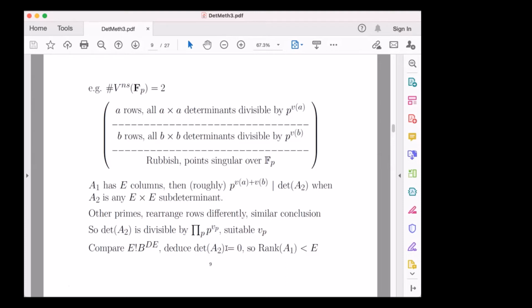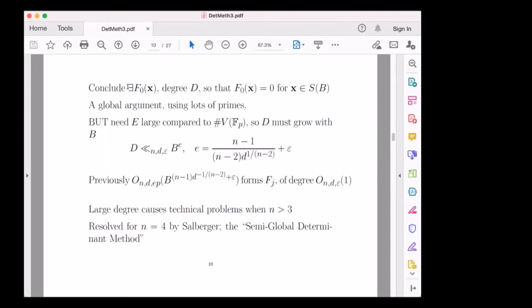We deduce that the determinant A2 is equal to 0, and therefore that the rank of the entire matrix is strictly less than E. And we conclude that there is a form F0, a single form F0 of degree capital D, such that F0 of x is 0 for every point x in SB. So in the old method, the p-adic method, you produce a number of auxiliary forms Fj, which covered the points in SB. Here you get a single form.